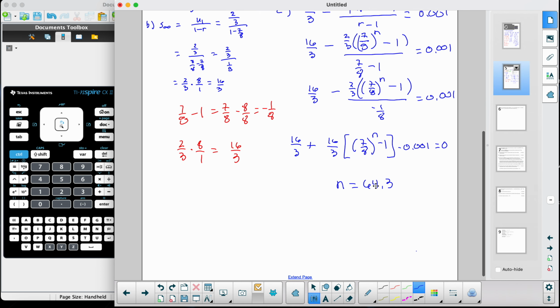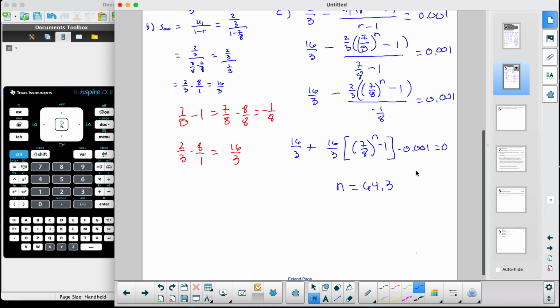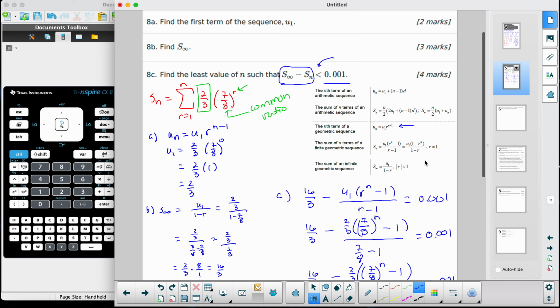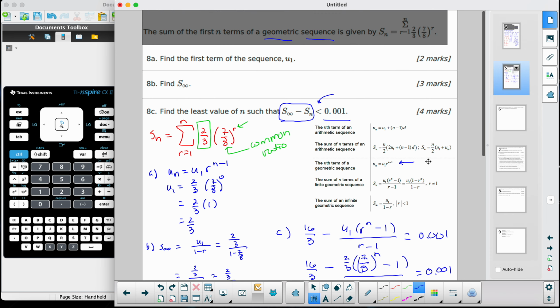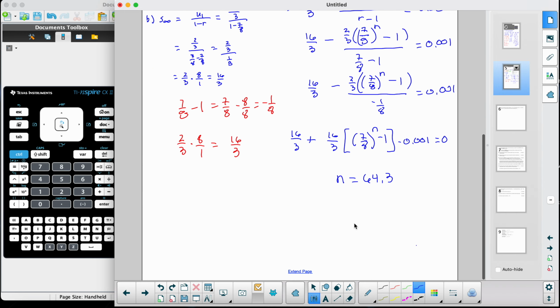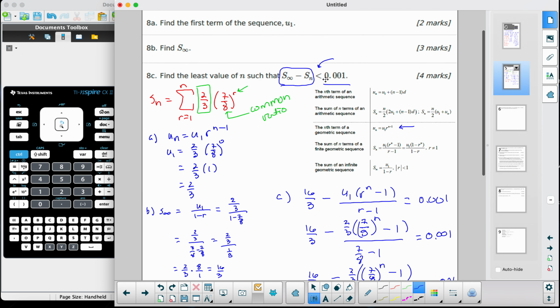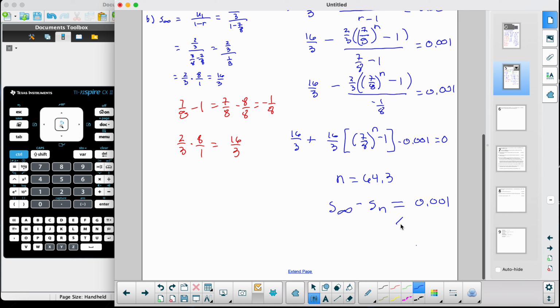So when n equals 64.3, these guys are equal, right? That means that, where's the question, S to infinity minus S sub n is equal to 0.001. Now they want it to be less than that, right?